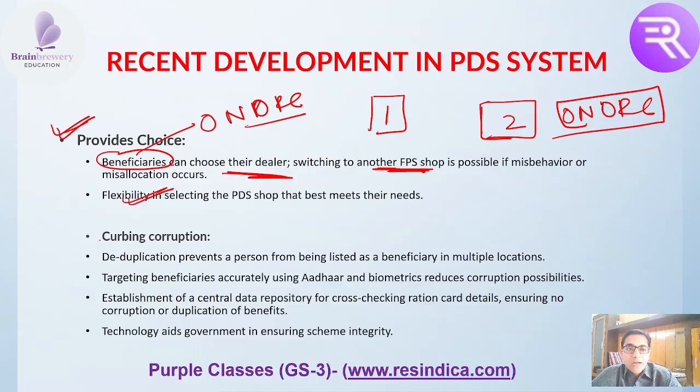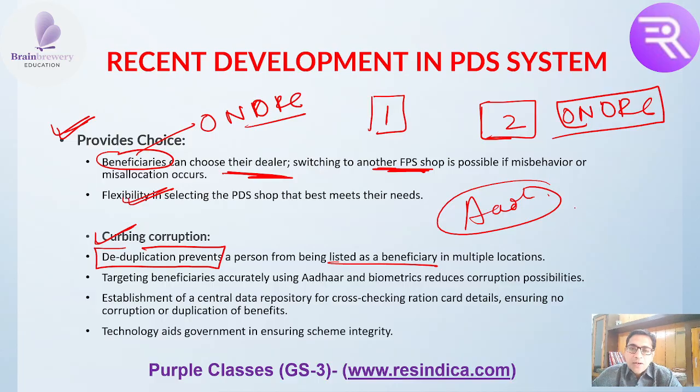It will also help in curbing corruption. Deduplication prevents a person from being listed as a beneficiary in multiple locations. If you have Aadhaar-seeded data, you cannot list yourself as a beneficiary at multiple locations, because if you have a One Nation One Ration Card which is Aadhaar seeded, whenever you take your ration at any place and then go to other places afterwards, the system will automatically tell you that you have already taken the PDS of this month.